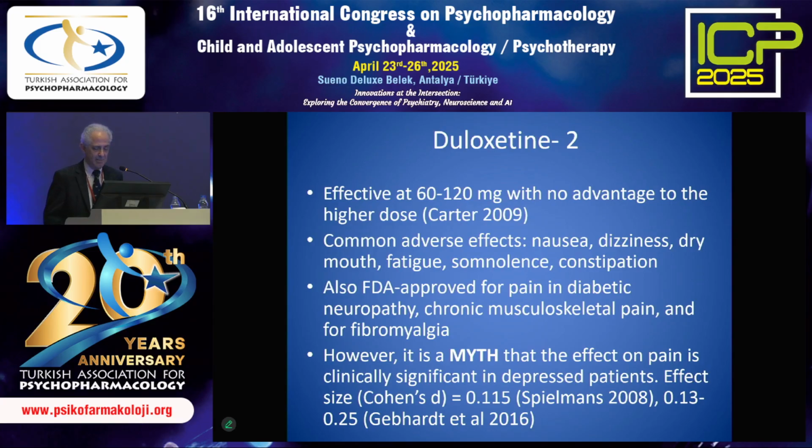So hardly any benefit. Another review compared the effect on pain with other antidepressants and found the effect size varied from 0.13 to 0.25. And duloxetine was right in the middle of the group. It had no special benefit on the pain in these depressed patients compared to other antidepressants.